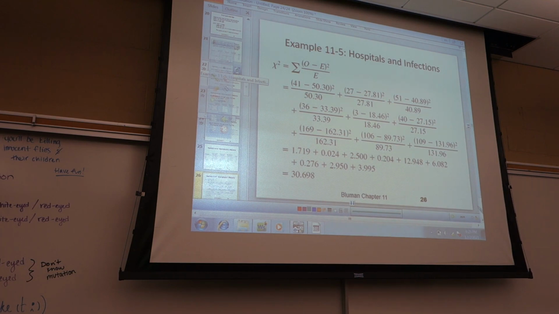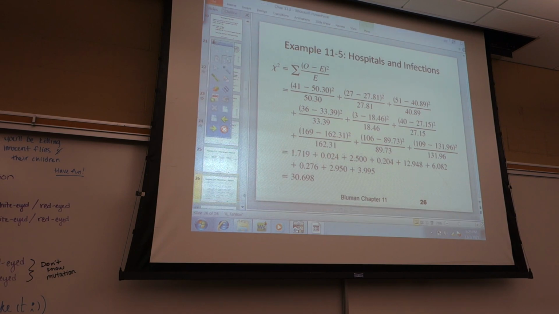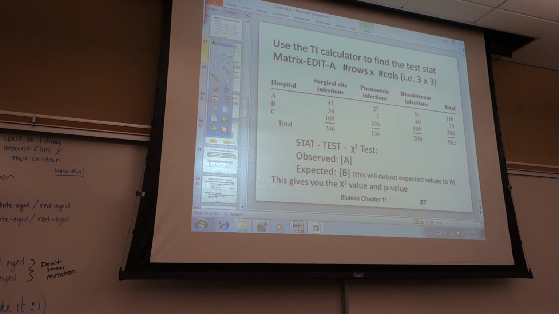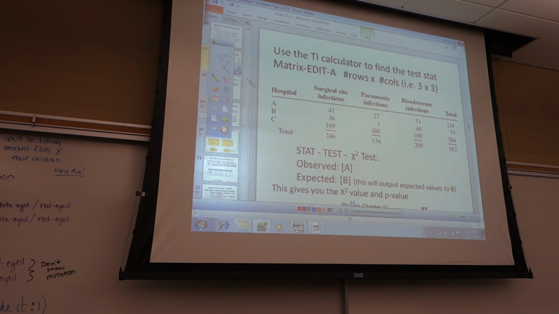Well, no, it's just a lot of writing. Yeah, they had to find all the E's, and then they had to do all these. I know. All right. However, we're going to use the calculator instead. So let's go ahead and bust out your calculator, and I'm going to show you how to do this.